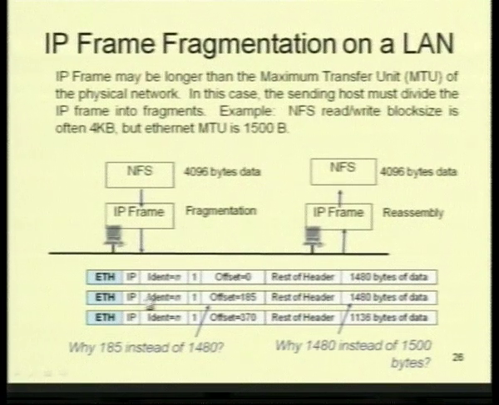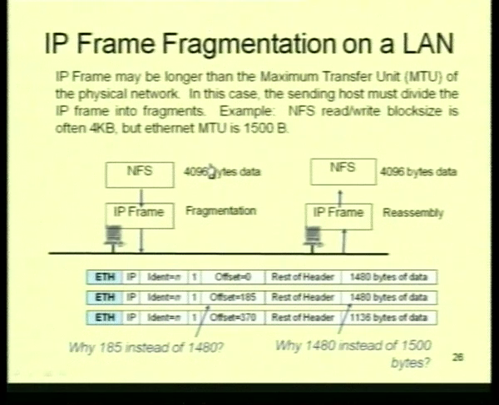Similarly, in the next fragment the more fragments bit will be set to 1, the identification number remains the same, and the offset value is set to 185, then the rest of the header is copied as it is from the original IP packet. Again 1480 bytes of data are carried here. Of the 4096 bytes of data that we have, 1480 and 1480 have been carried in the first two fragments. So the remaining 1136 bytes of data is carried in the last fragment.